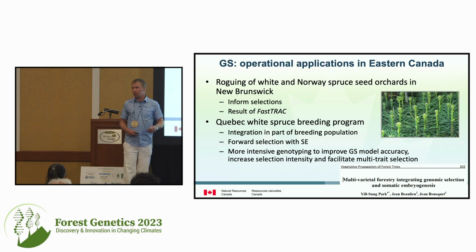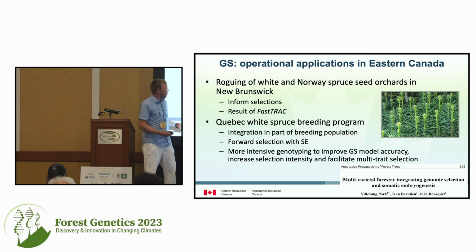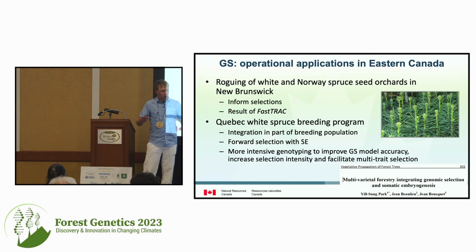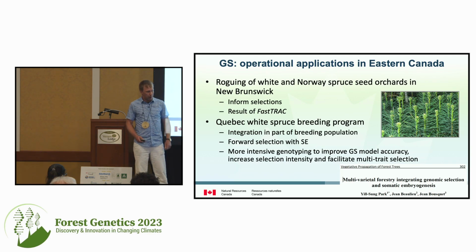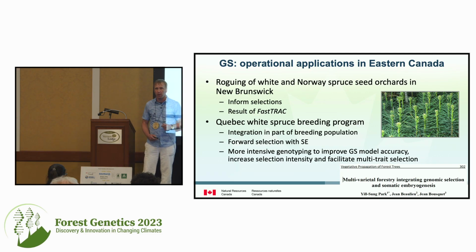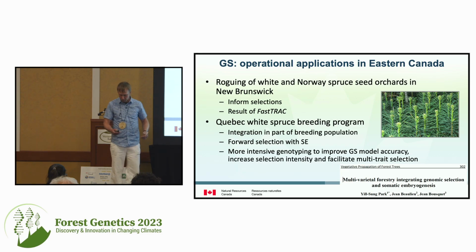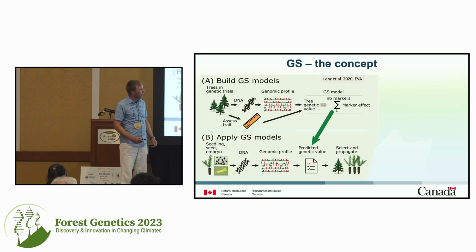These guys are planning forward selection in a genomic selection mode with clonal reproduction, and I'm really looking forward to what we'll get out of those results in a few years. They are currently genotyping several thousand additional trees beyond the proof of concepts and the genetic studies that we did.